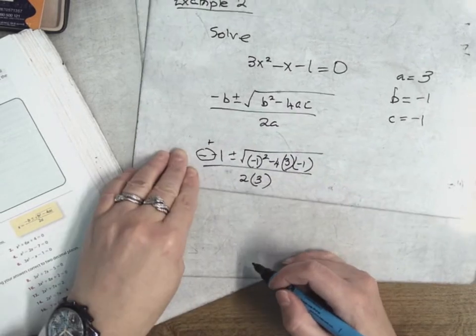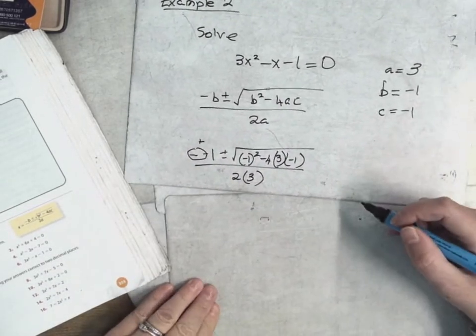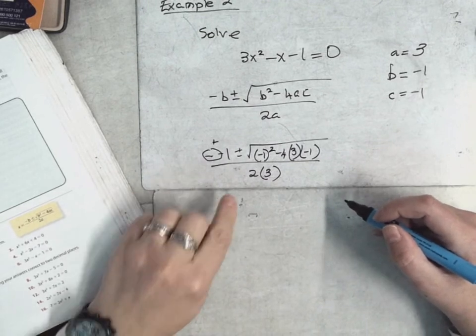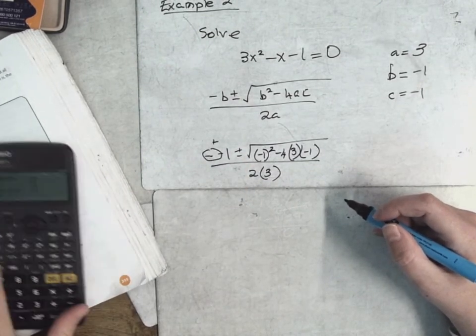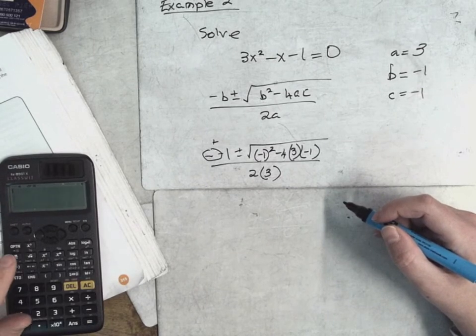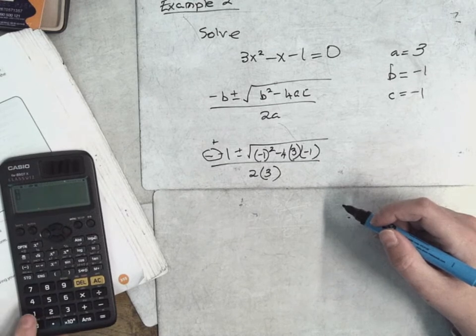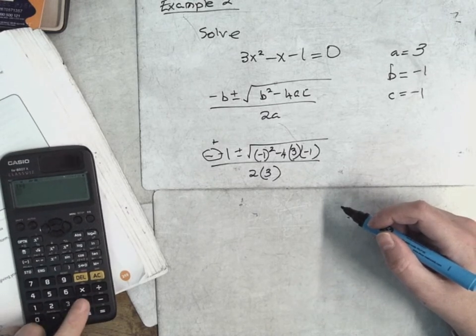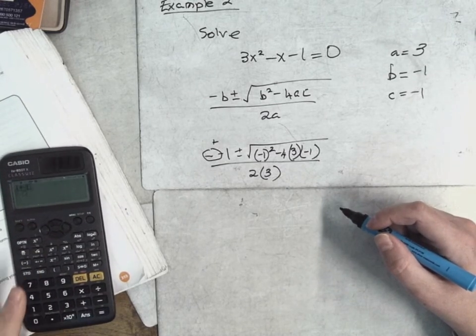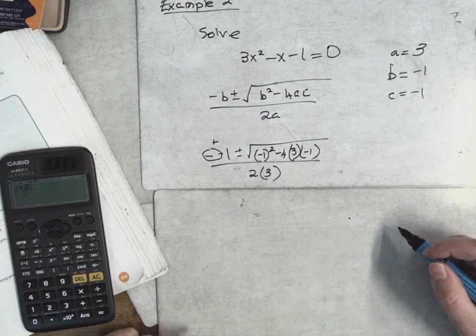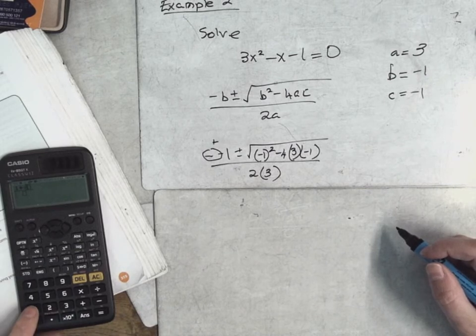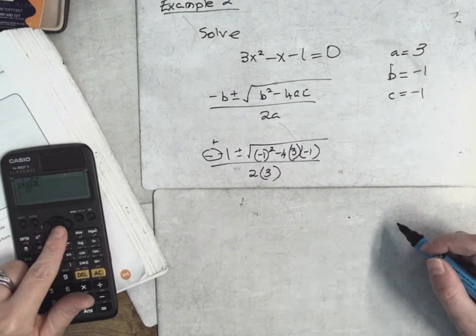Then you go straight to your calculator, right? You write it in as you see it. Obviously you can't put plus or minus into your calculator, so you pick the plus one first. So when you're putting it into your calculator, you press the fraction button first, and then you go 1 plus, then you write everything under the square root sign: minus 1 squared, that's 1, minus 4 times 3 times minus 1, which is 1 plus 12, so 13.